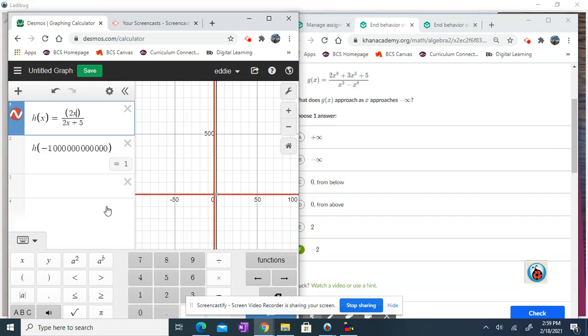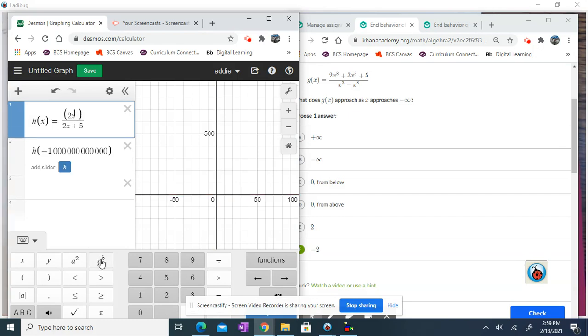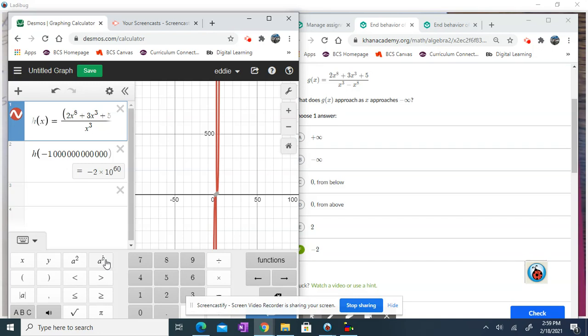So 2x to the 8th plus 3x to the third plus 5 over x to the 8th minus x.